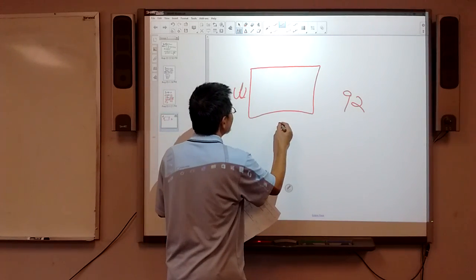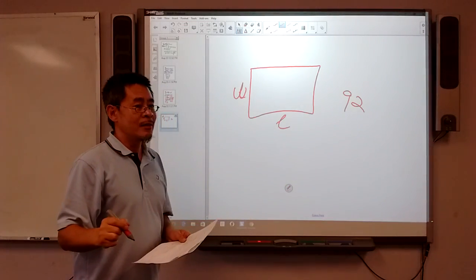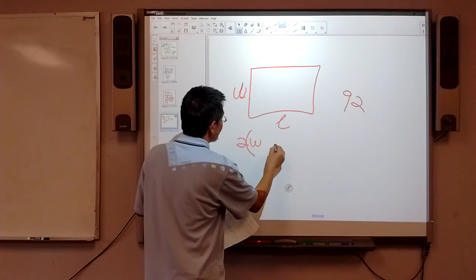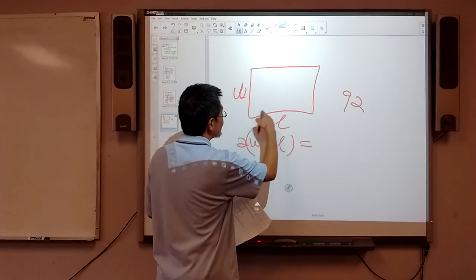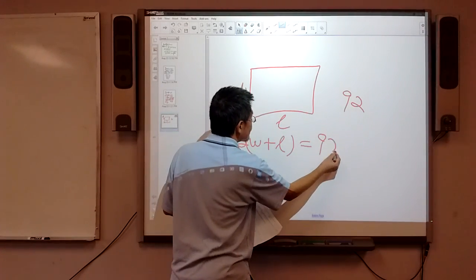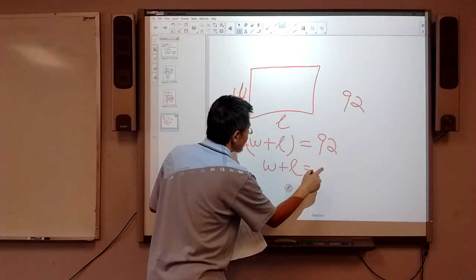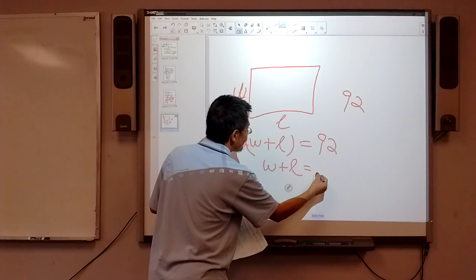This is the width, this is the length, right? So we got 2W plus 2L, this whole thing, 92. So W plus L is 46, right?